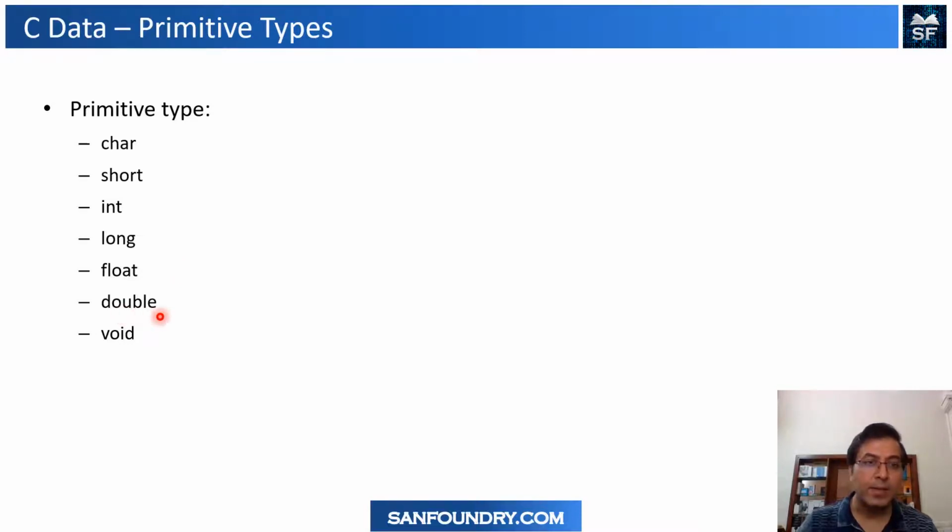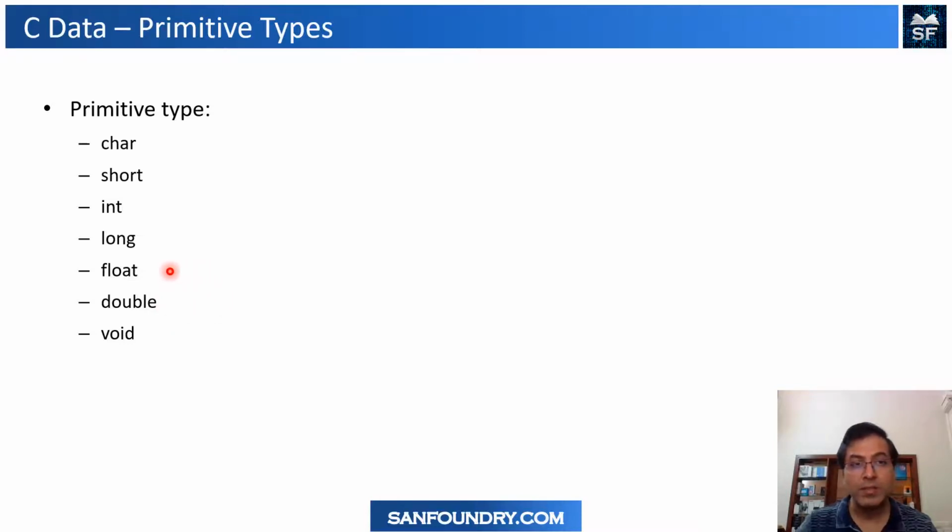And then we have double. Now double is a special situation in the earlier days because you wanted to store much higher precision. So if you have 1.123456789, you have a lot more data after the decimal dot. So how do you store that?